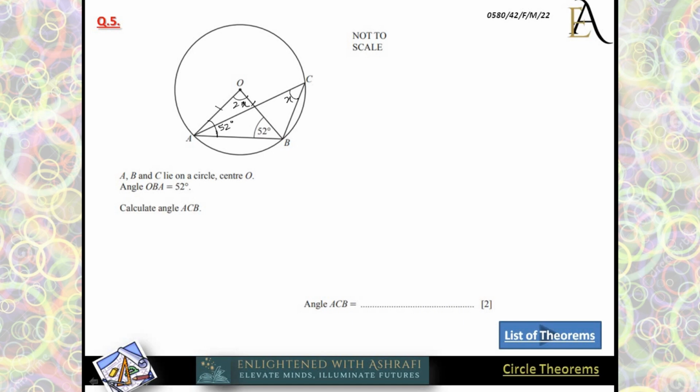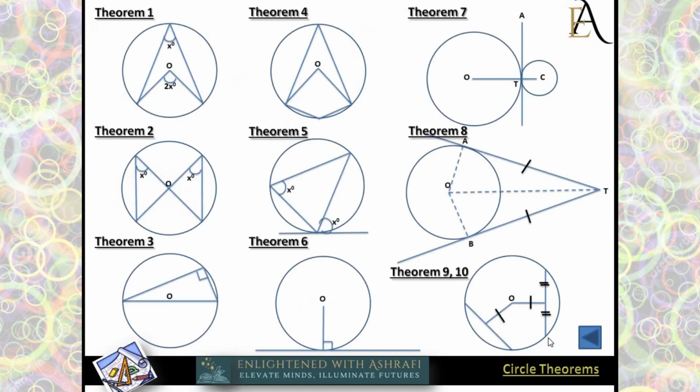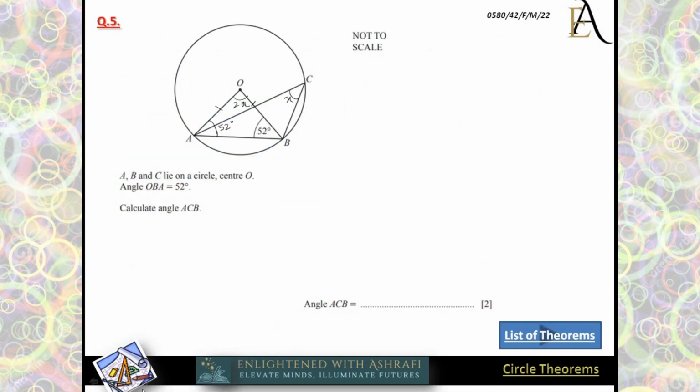We are going to use the property, the theorem. First theorem that we studied. If you have an angle at the center and an angle on the circle and they have a common arc, then if this is x, then this is going to be 2x. So using this property, we will find out the answer. Come on now, quickly do it.